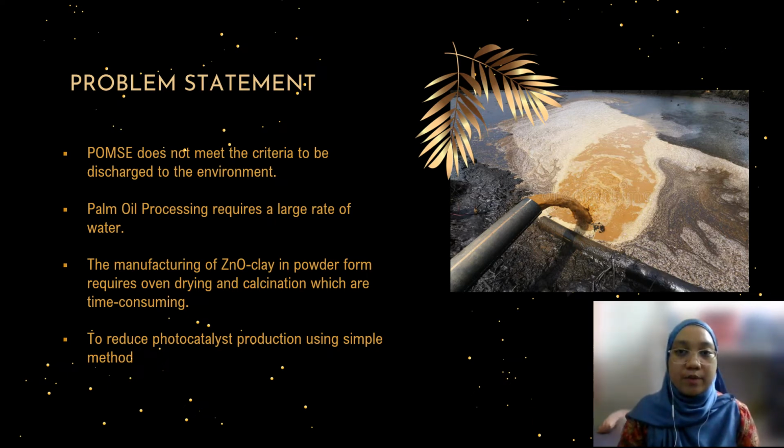After the palm oil processing process, POMSE will be released, but POMSE does not meet the criteria to be discharged to the environment. Palm oil processing requires the use of a large rate of water. If the demand is higher, then water consumption will be increased, as well as the amount of POMSE.